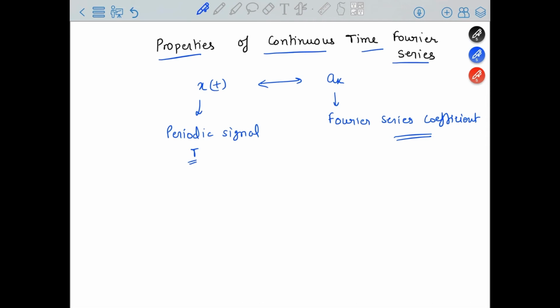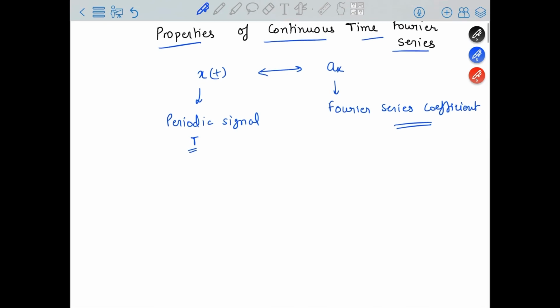So x(t) has a Fourier series representation with a_k as the Fourier series coefficients. So this convention will make the representation easy as we discuss different properties.